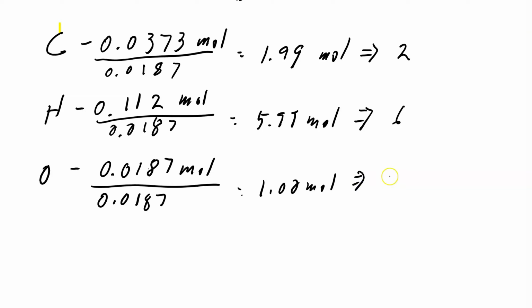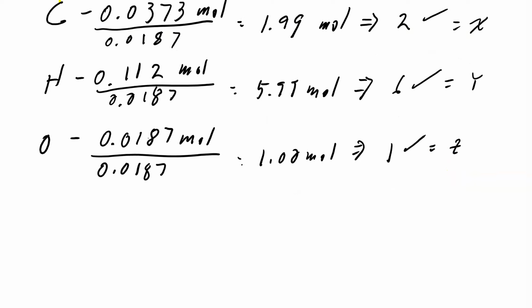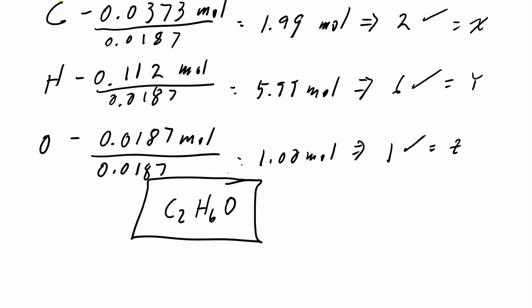And of course, 1 is going to stay 1. So I now have my smallest whole number ratio. This worked out nice. 2 moles of carbon, 6 moles of hydrogen, 1 mole of oxygen. So this is my value for subscript X, this is my value for subscript Y, and this is my value for subscript Z. And now just putting these numbers into our chemical formula, we have C2H6O. So this is our empirical formula for this compound.